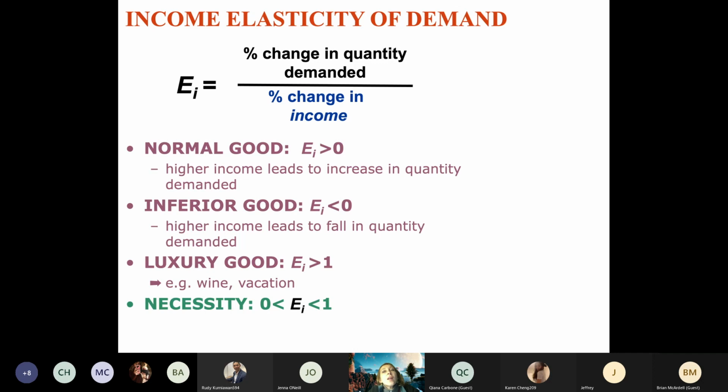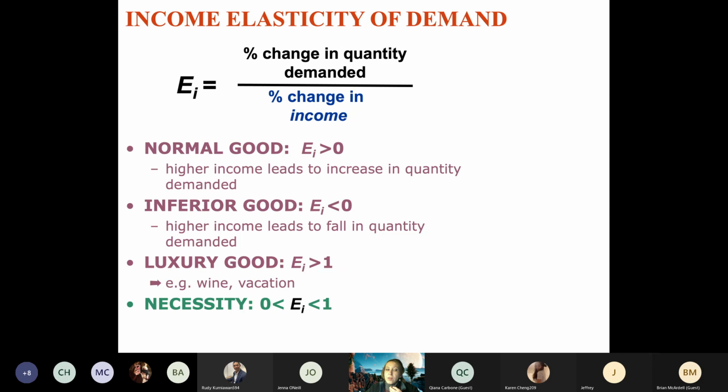So from now on, we're going to use this definition of necessity. It's not something that you must have or necessarily need to buy, like bread and milk and eggs, but only those goods for which your income elasticity of demand is between 0 and 1. So as income increases by 10%, your purchases of these goods increase by less than 10%.